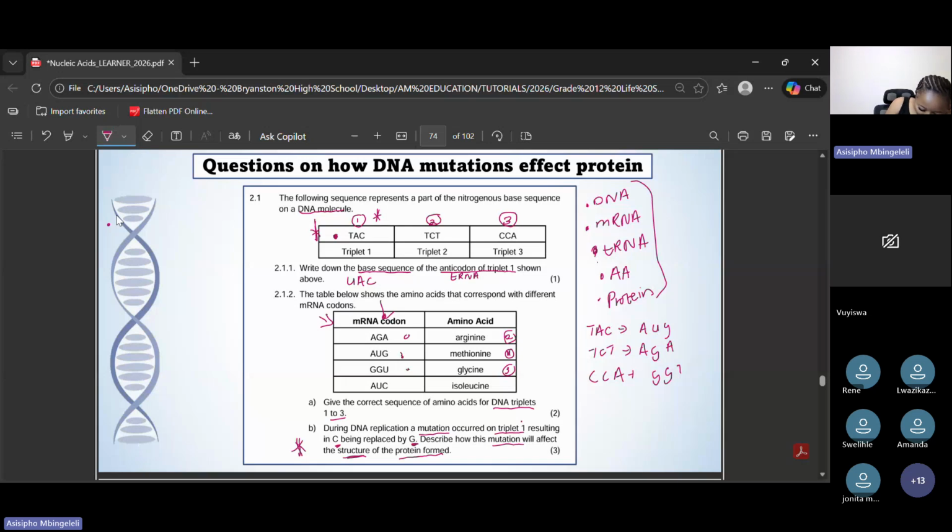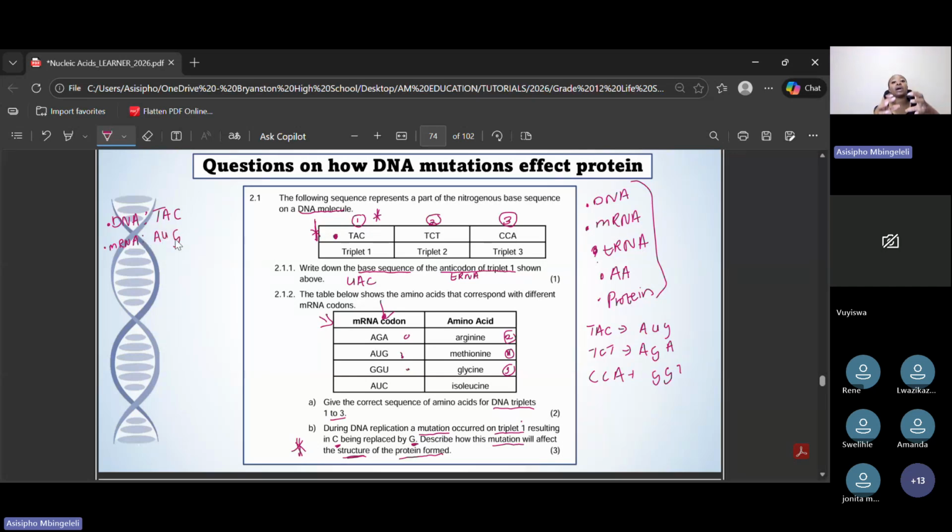So DNA. Let's remind ourselves, which triplet are they speaking about? That is TAC. Now, for TAC, our messenger RNA codon would be AUG. Remember what I said?